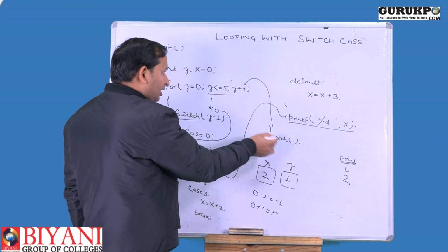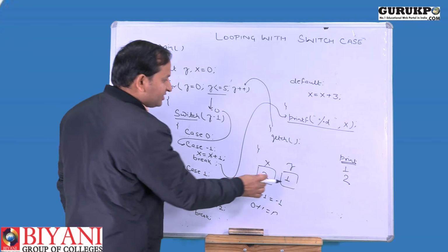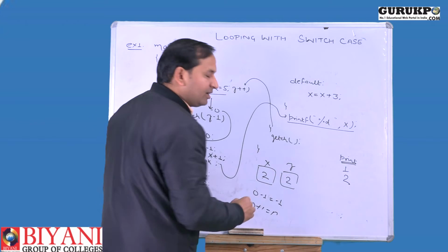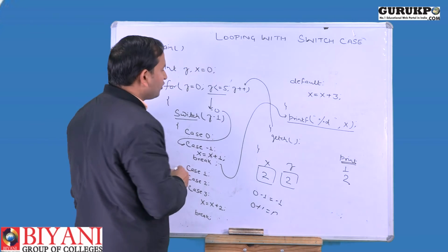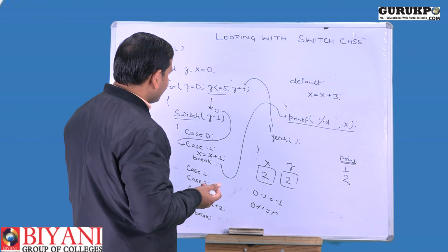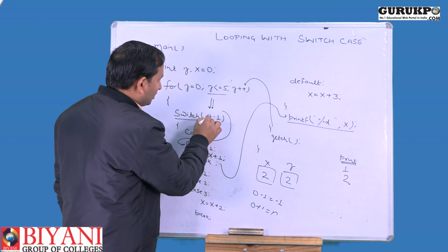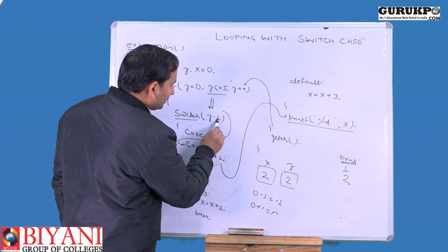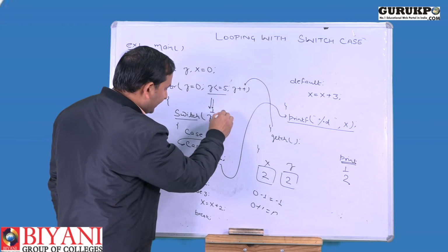This curly bracket, control jumps to this place j plus plus. The previous value of j is 1, now j becomes 2 by using this post increment operator. j is 2, 2 less than equal to 5, condition is satisfied. Again control enters switch j minus 1, the value of j is 2, 2 minus 1 gives 1. So here 1 occurs, control goes to case 1.